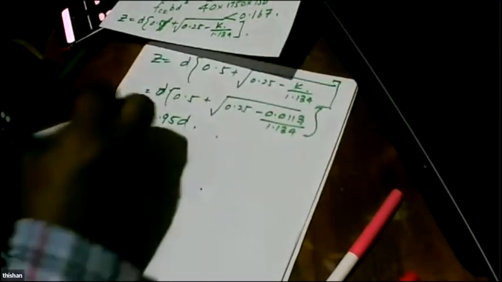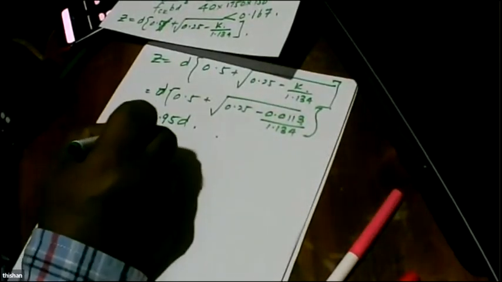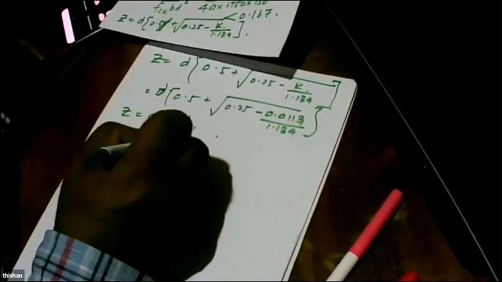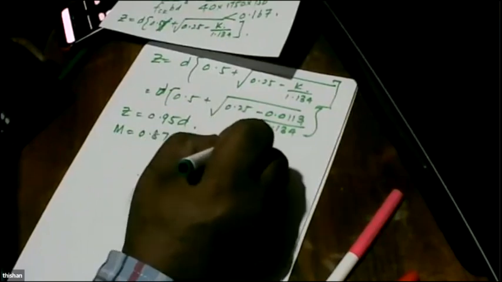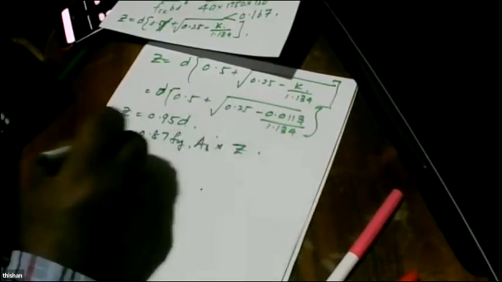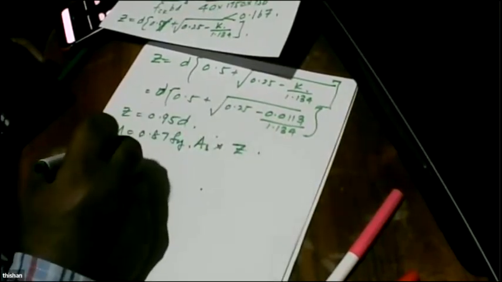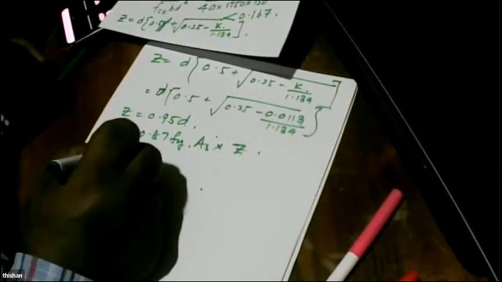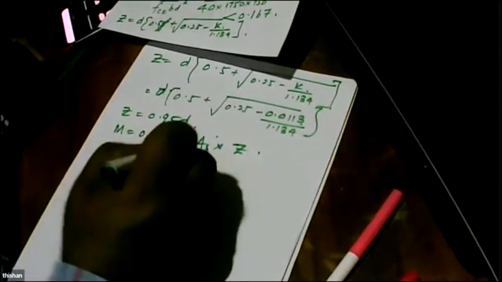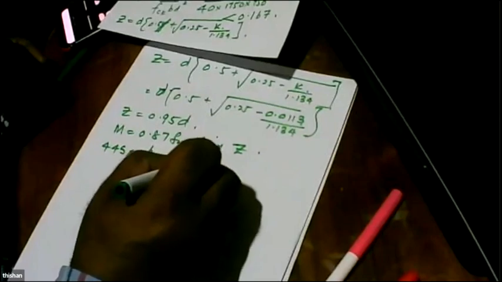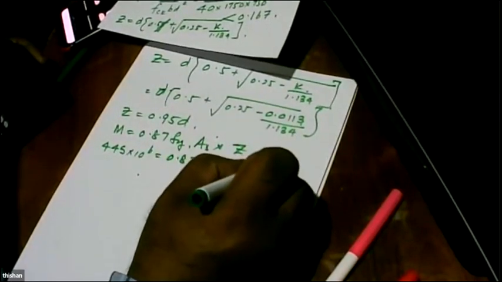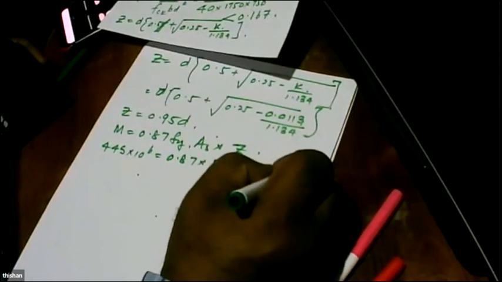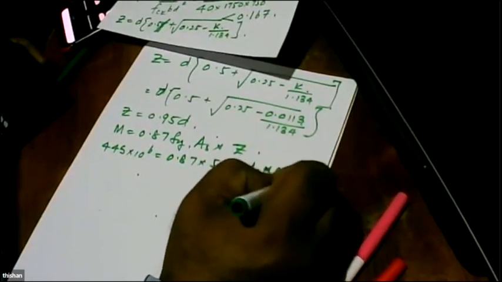From this, M is equal to 0.87 fy As multiplied by Z. So the bending moment is 445 into 10 to the power 6 equal to 0.87 times 500 multiplied by As multiplied by 0.95 into 750.